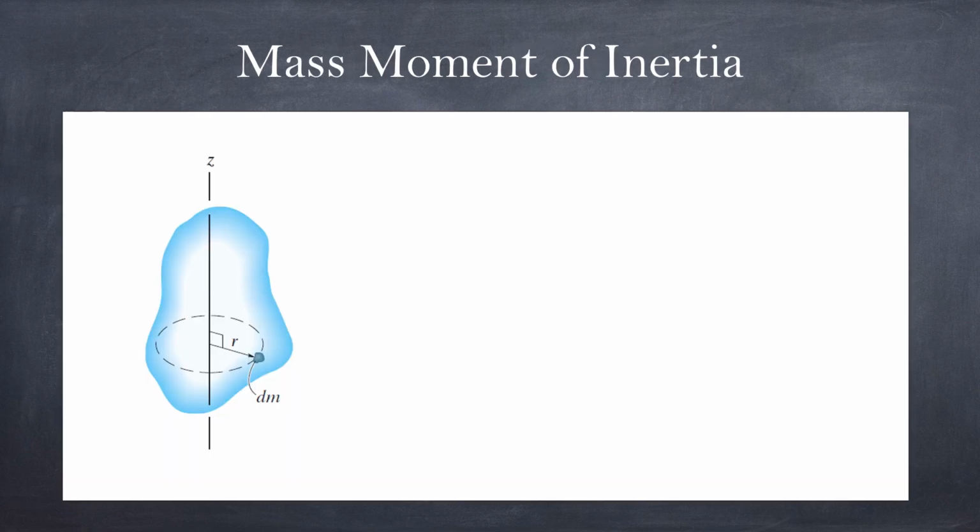First, look at the mass moment of inertia. Imagine the whole body in this blue color, right? If you want to know the mass moment of inertia of it, we start from a small element of this mass, which we call dm, the lowercase m. If we look at the top view, this mass is rotating about the z-axis as we draw it.